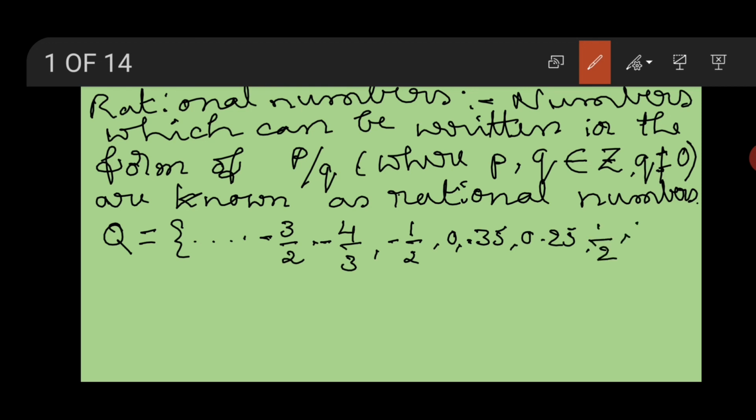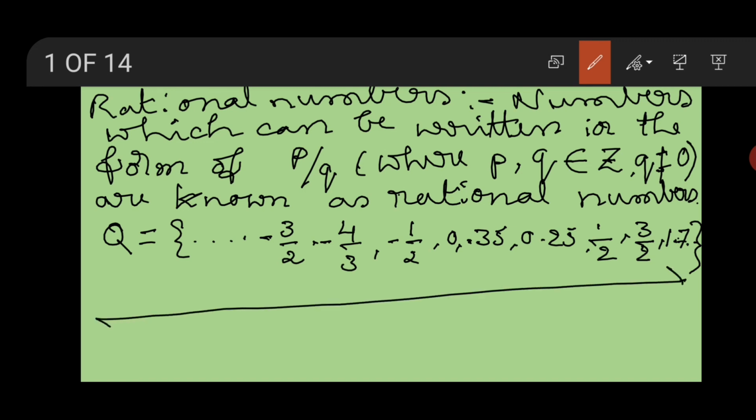Then plus 1/2, plus 3/2, then 1.5, 1.7, etc. These are all rational numbers. Now how can you represent these rational numbers on a number line?